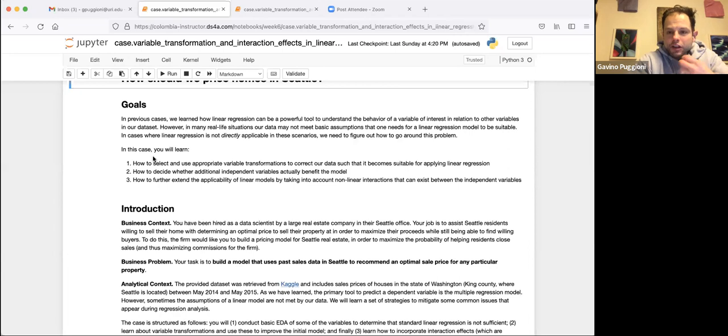And so if the goal is to predict price, we know that the most basic tool is a linear regression or multiple regression model. What is the difference, by the way, just as a refresher from previous cases? A single regression model is when you have one predictor for one response. A multiple regression model is when you have multiple predictors for one response.